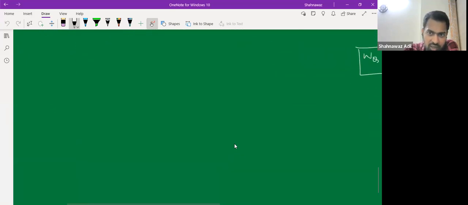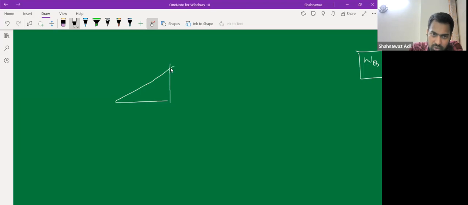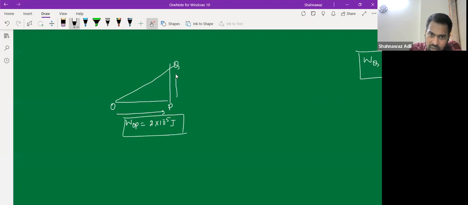Okay, so now let me write this in here. We had this O P Q point, and we calculated going from here to here. W O P was 2 into 10 to the power minus 5 J. And from here to here, we got W P Q, which was 8 into 10 to the power minus 5 J. Am I writing it correctly?